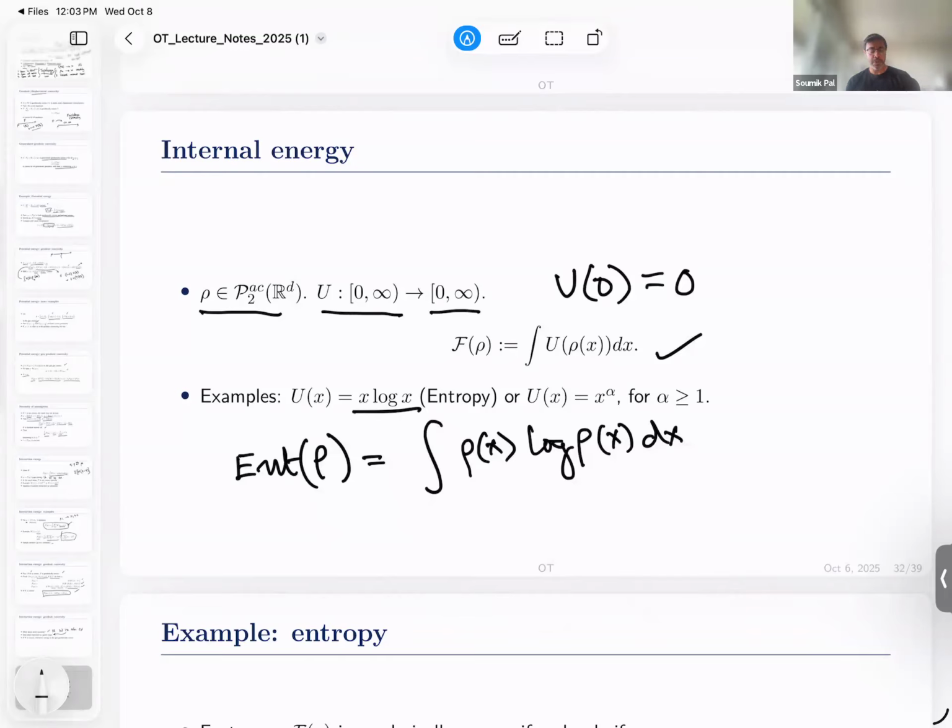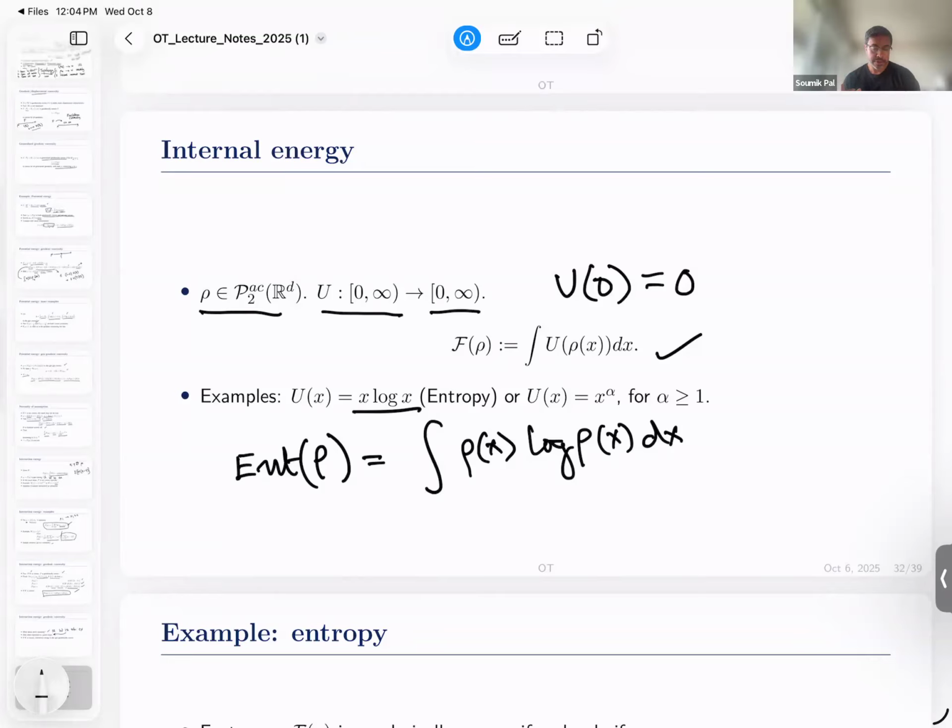If you have seen Shannon entropy before, in information theory this is called differential entropy, and they put a negative sign in front of it. A differential entropy is negative of integral rho x log rho x dx. For some historical reason, optimal transport does not do that. In optimal transport, just say entropy, don't talk about differential entropy, and we don't put a negative sign. It's always integral of rho x log rho x dx.